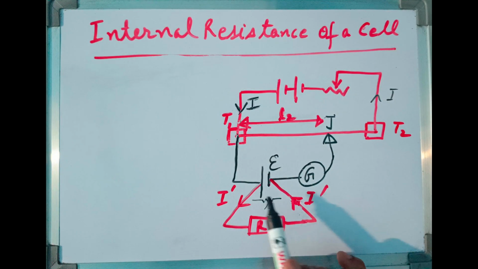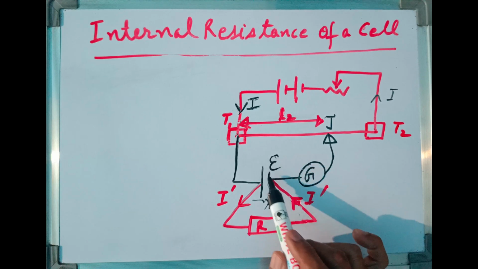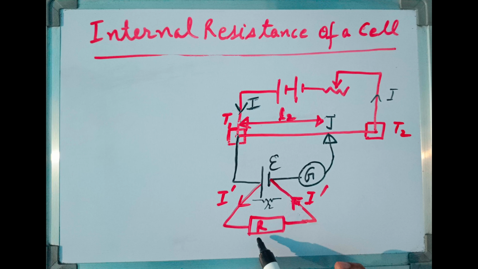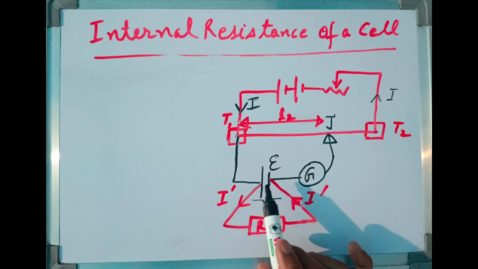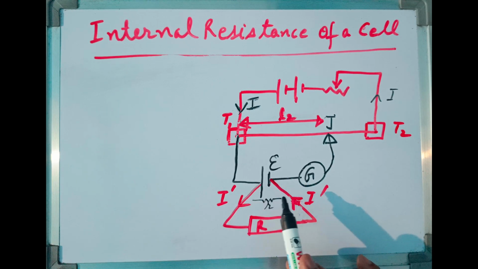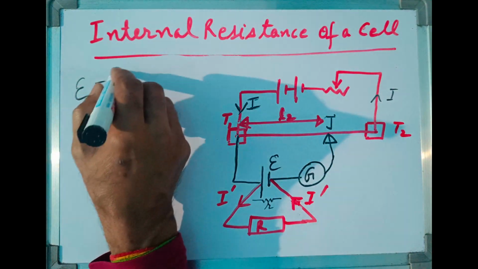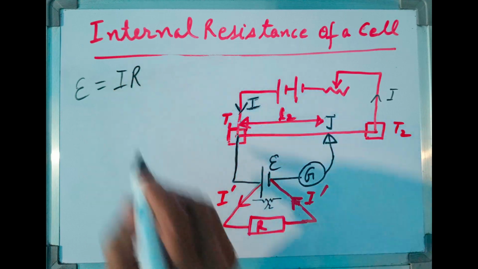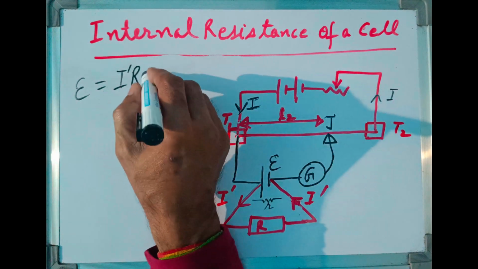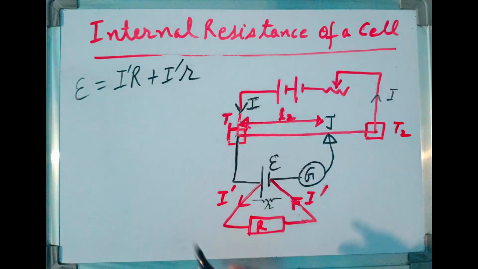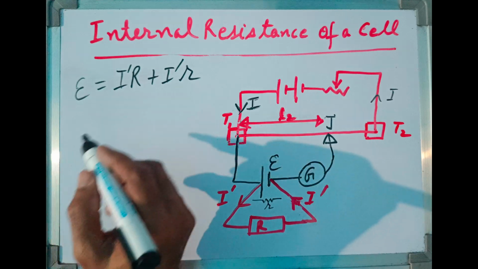Now let us have a look at this closed circuit. In this circuit, this E represents the EMF of the cell, and this small r represents the internal resistance of the cell. Capital R is the external resistance that is known to us. I dash is the current flowing in this circuit. By applying Kirchhoff's law in this circuit, I can write EMF is equal to the voltage across capital R resistance plus the voltage across the internal resistance, that is I dash into small r.